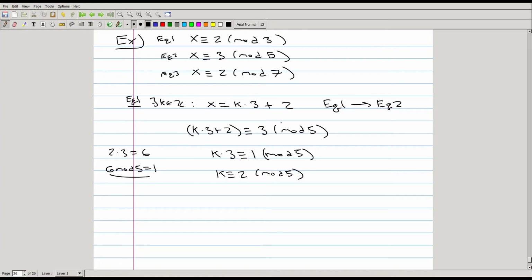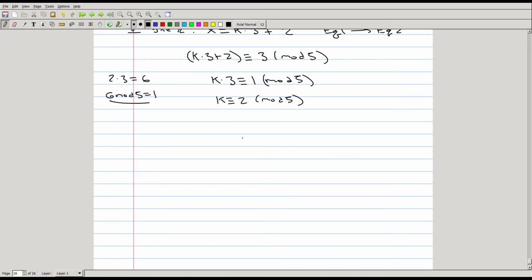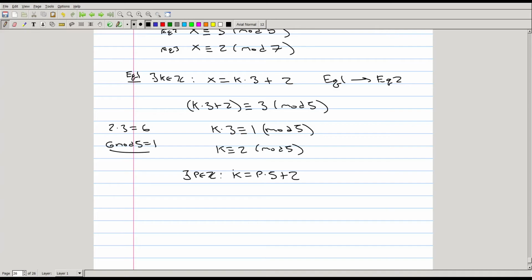Using the definition of congruences, there must exist a p in the integers such that k is equal to p times 5 plus 2, which we can substitute back into the original equation for x.